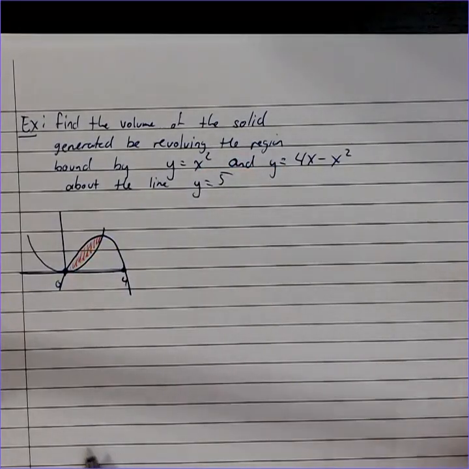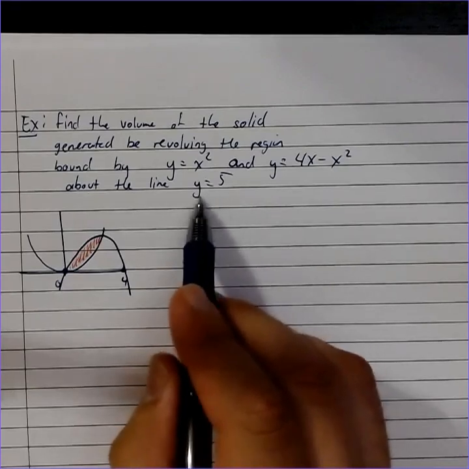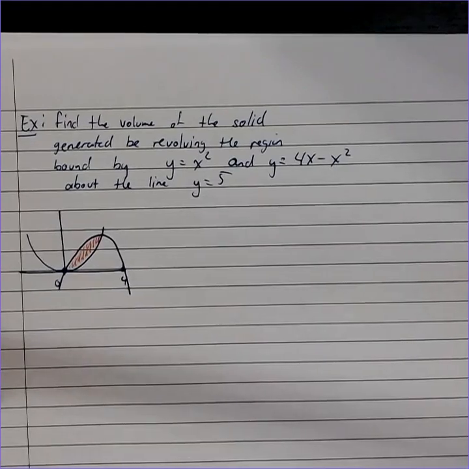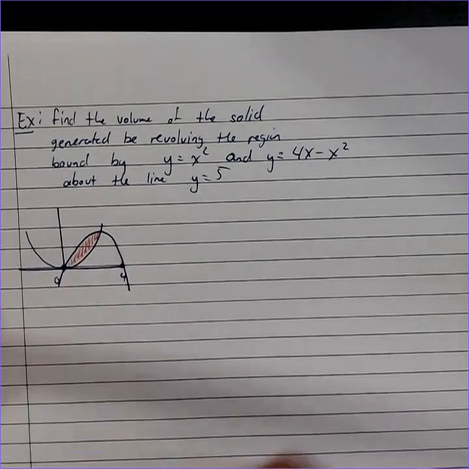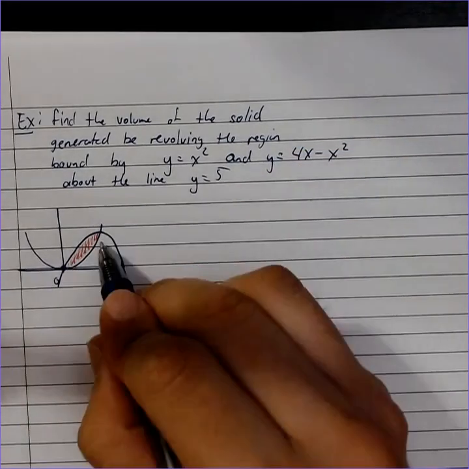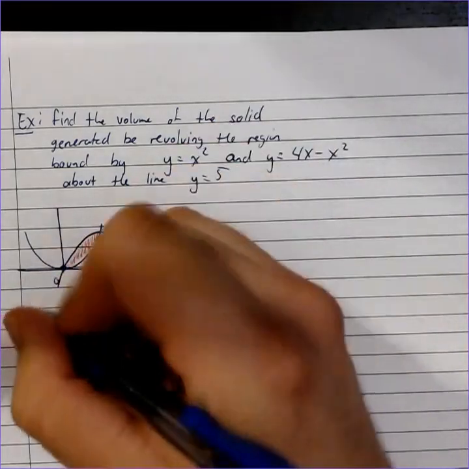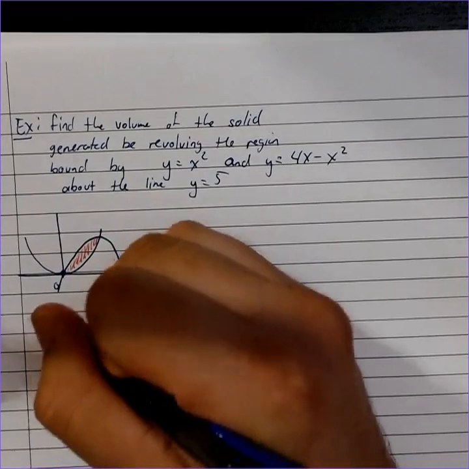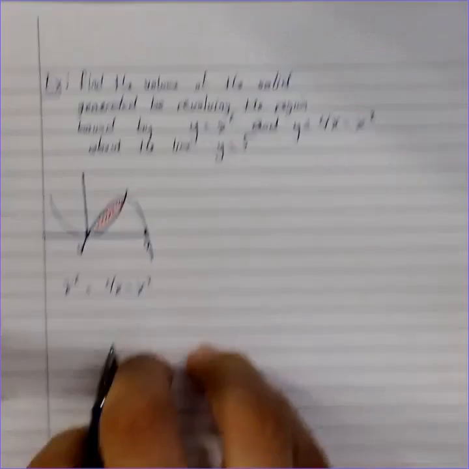Okay, what am I revolving that around? The x-axis or the y-axis? Well, neither. We're revolving that around the line y equals 5. Okay. What are these points? So let's find out what those points are. Where these two cross, let's take x squared and set it equal to 4x minus x squared.